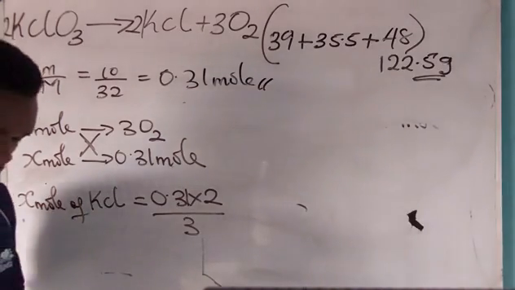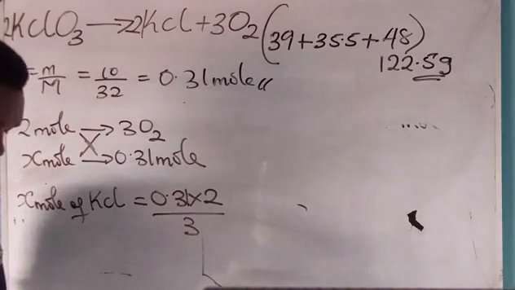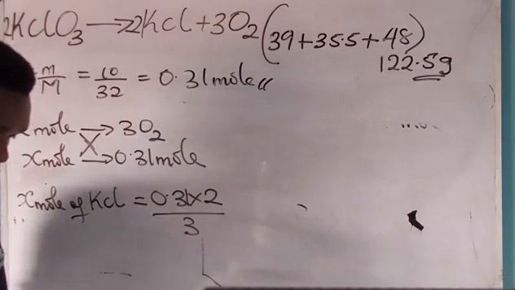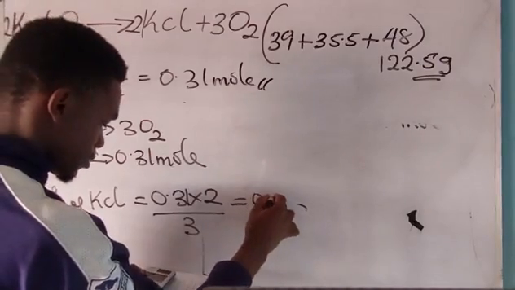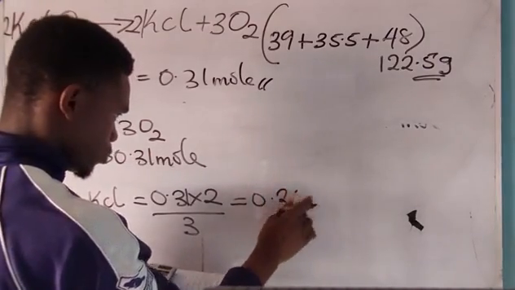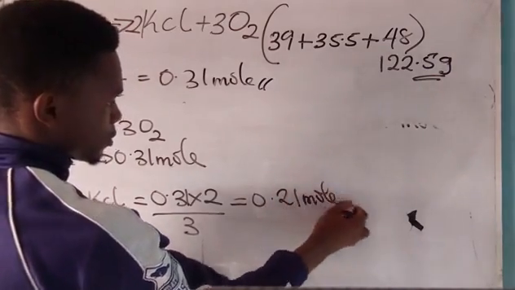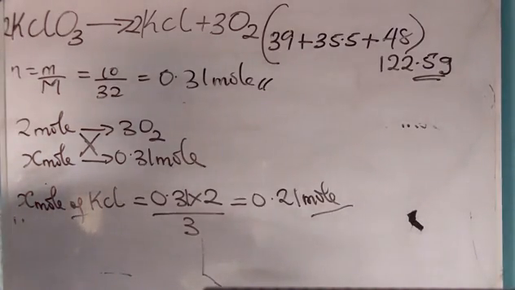So you have 0.31 times 2, then divided by 3 equals 0.21 approximately.